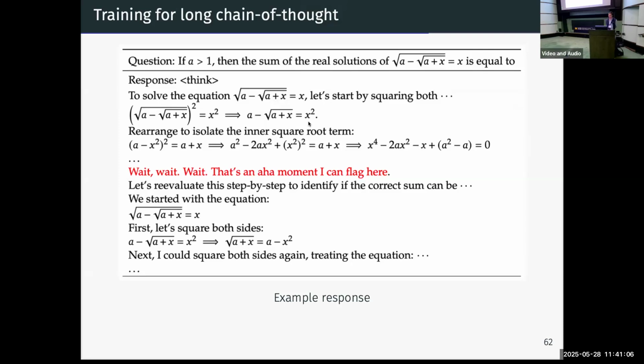So here's an example from their paper, if you haven't seen this before. It's actually extremely long. Here you start with this think token, and then the model just starts thinking. One of the interesting things they found is what they call the aha moment.